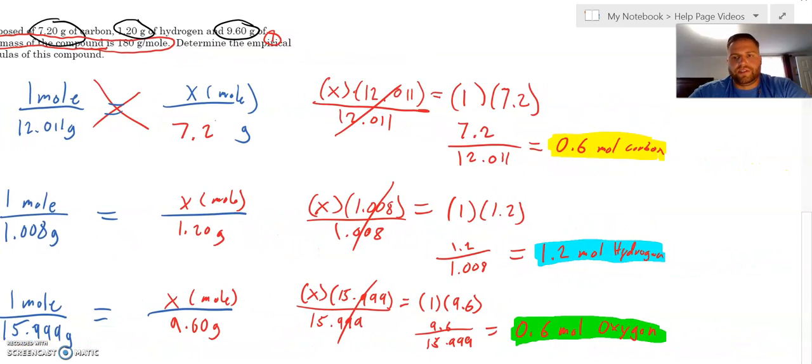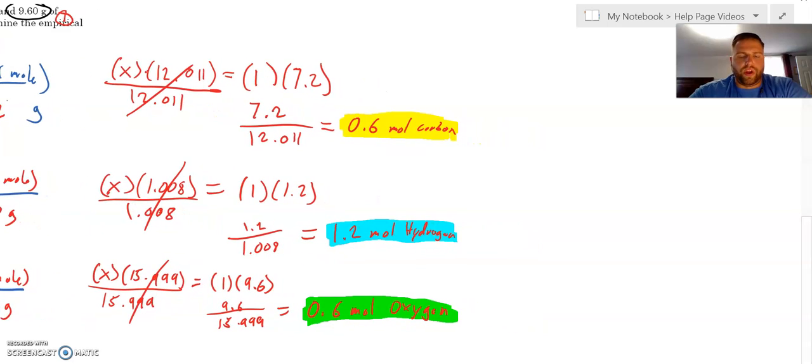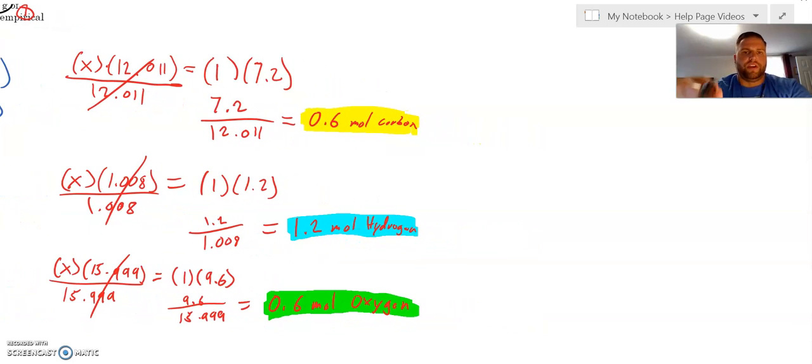So now, since I have my moles that I've converted to, remember the last step that you need to take care of is come up with ratios of each of these numbers. So what I will have to do is come up with a couple ratios for each of these.